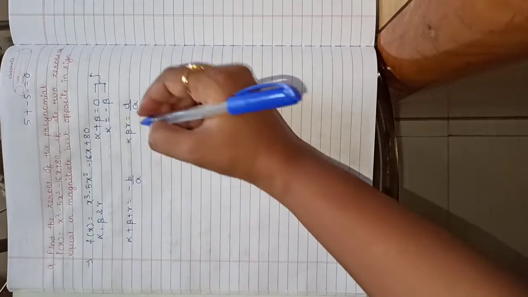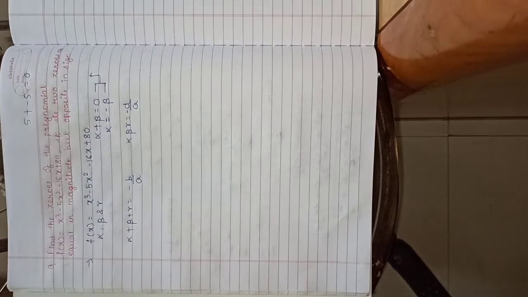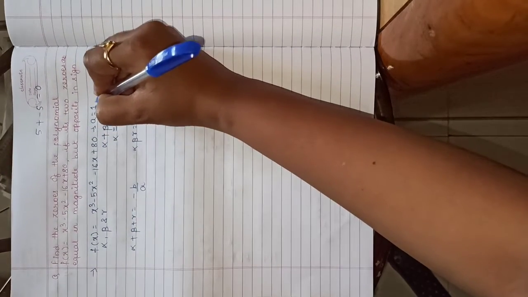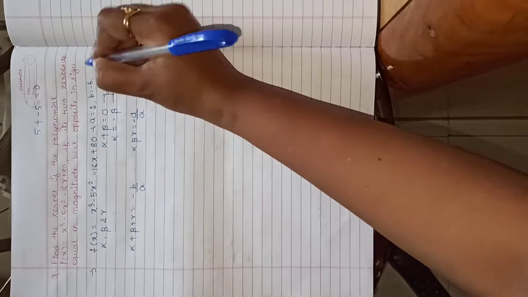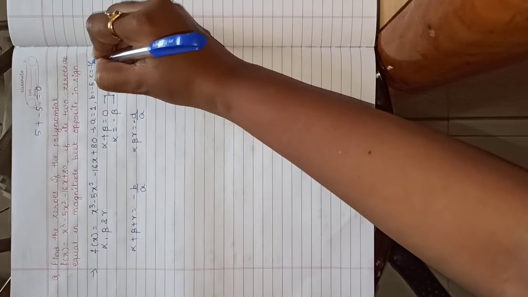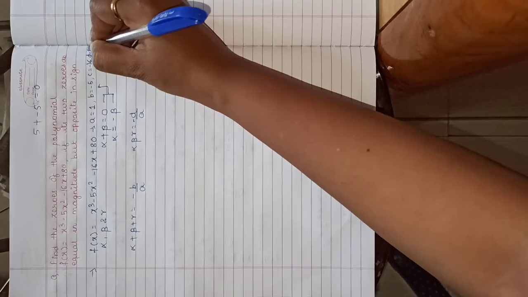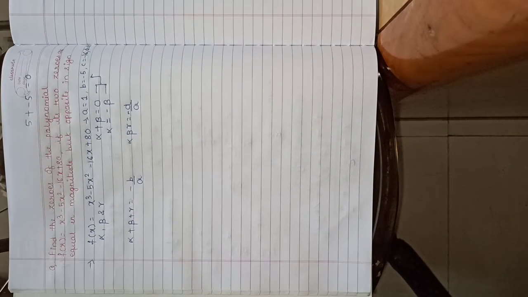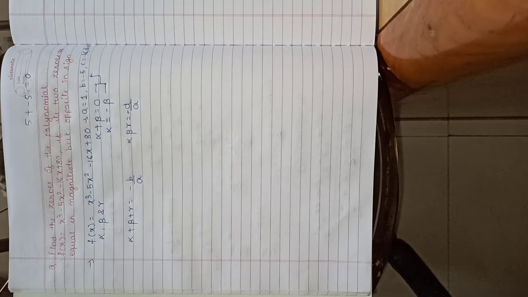Sorry, minus d by a. Okay, comparing this with the standard form, we get the value of a as 1, value of b as minus 5, value of c as minus 16, whereas value of d as 80. So this is the relation between the sum of the roots whereas product of the roots. The sum of the roots is equal to minus b by a, whereas the product of the roots is equal to minus d by a.